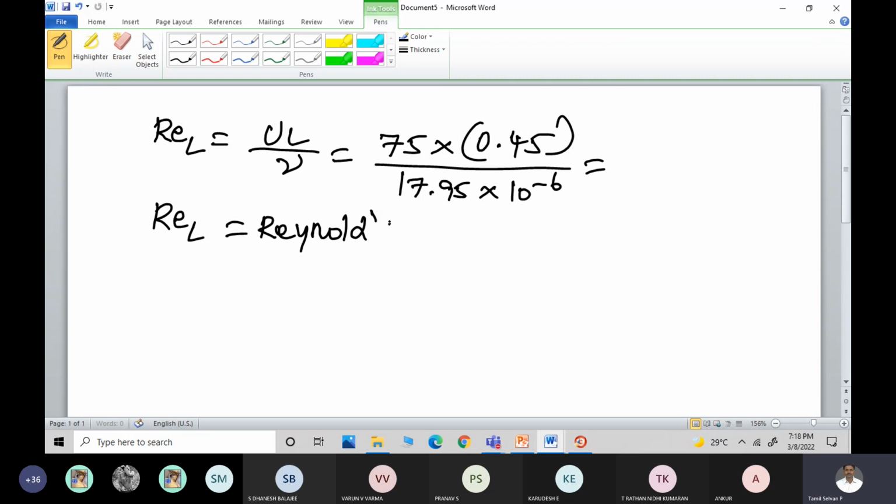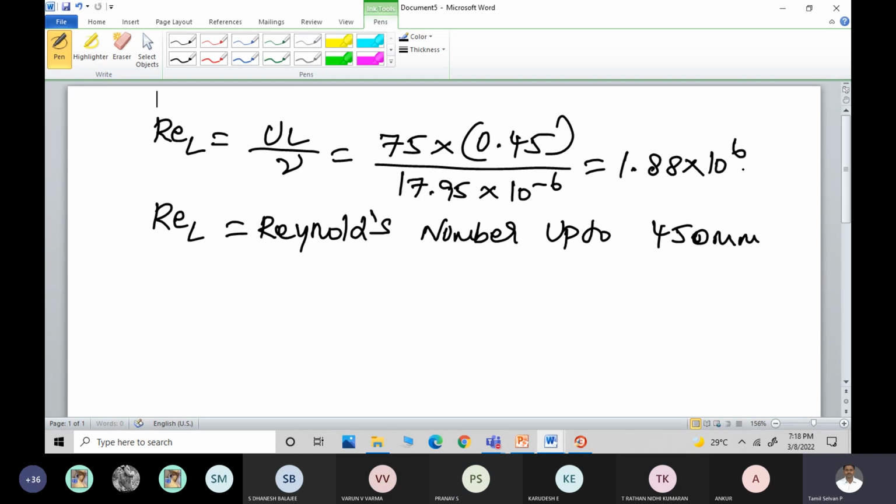Find it out faster. It is 1.88 into 10 power 6 up to 450 mm.